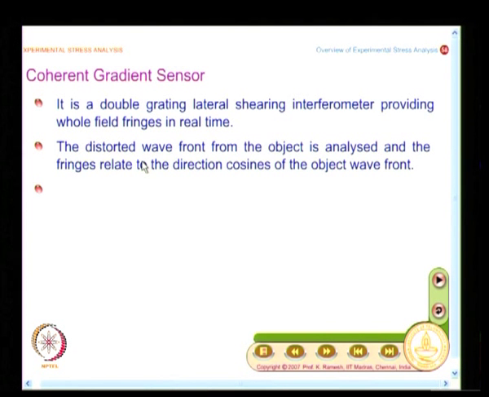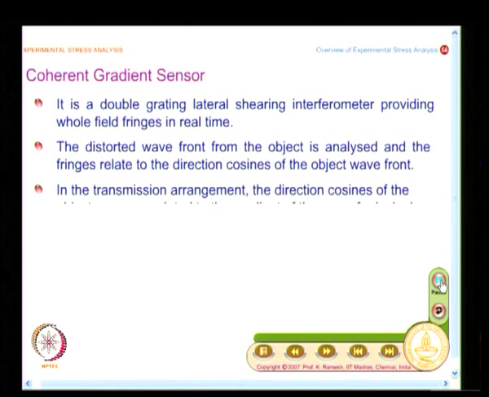If it is a transparent model, it gets transmitted, and you are really looking at the distorted wavefront. You look at the distorted wavefront and find the direction cosines of the object wavefront. This is what you essentially do in the optics, and it has different meanings in a transmission arrangement and in a reflection arrangement.